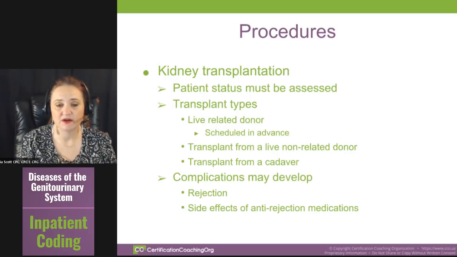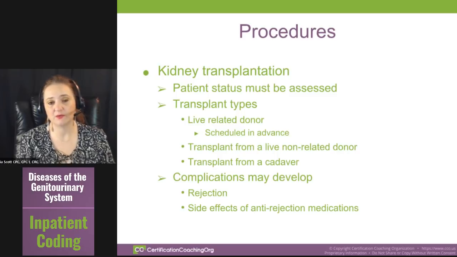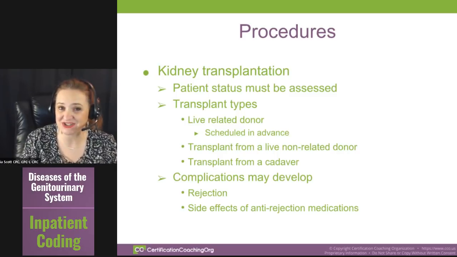And remember, there is a team to harvest the kidney, then a team to make a place for the kidney in your body, and then a team to connect the new kidney. There's all kinds of complications that can be involved, but the one that we think about most is rejection.